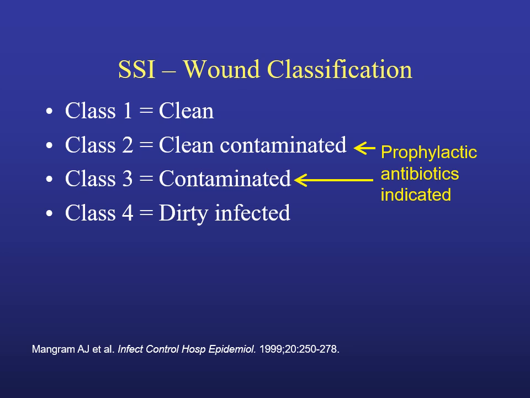For example, if you're doing mediastinal surgery, if there is an infection, mediastinitis is a very bad outcome. I mean, it's a life-threatening condition. So we can give antibiotics. Otherwise, in clean surgery, the rule is not to give prophylactic antibiotics. In clean contaminated and contaminated surgery, we do give prophylactic antibiotics. In dirty surgery, we give therapeutic antibiotics because it's not enough to give prophylactic doses.